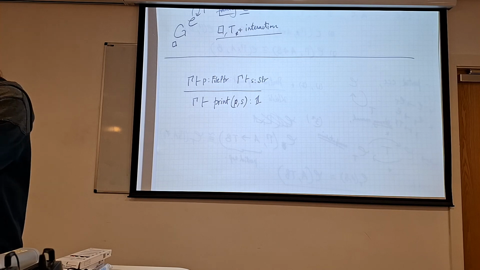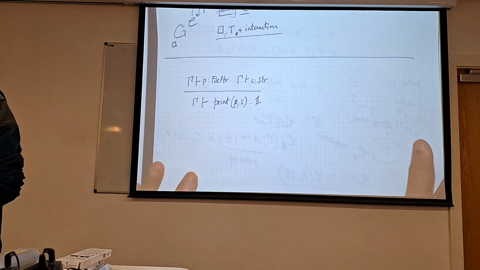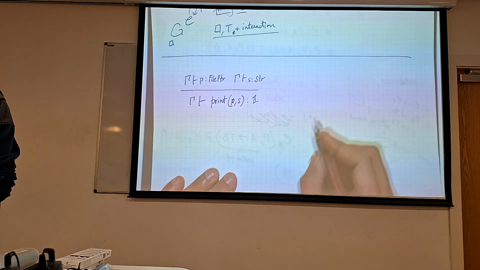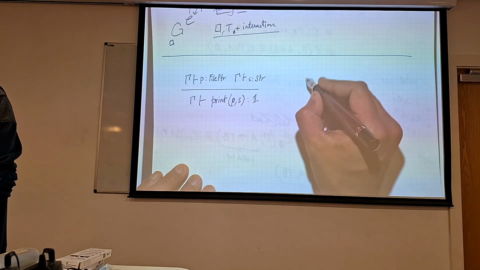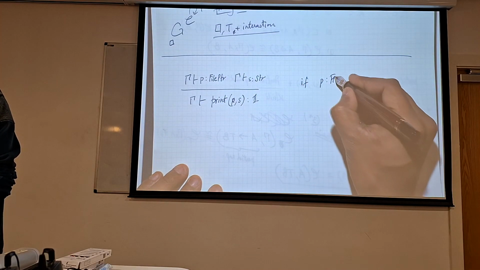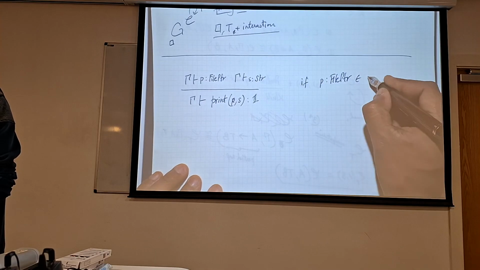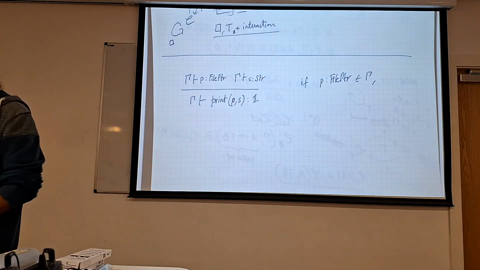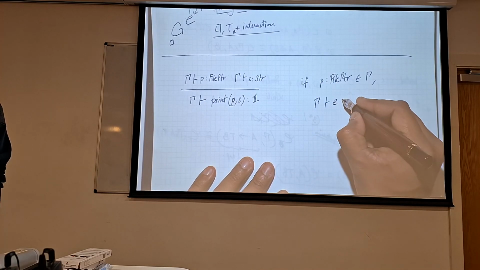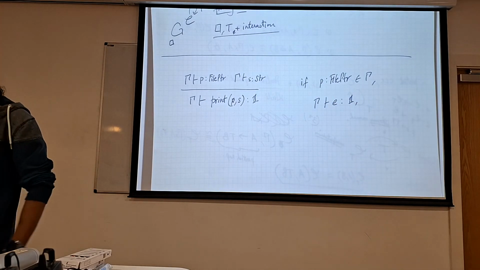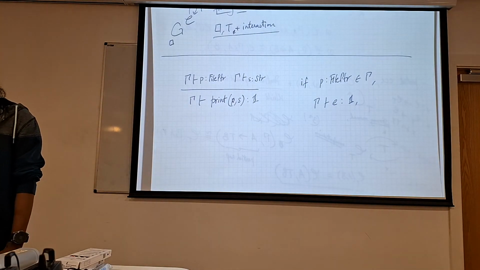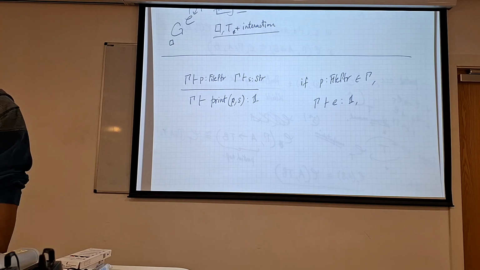Very informally, what this means is if there is a p colon file pointer in gamma, and if gamma derives e colon unit, I should not be allowed to perform an eta conversion because it might have print effects.